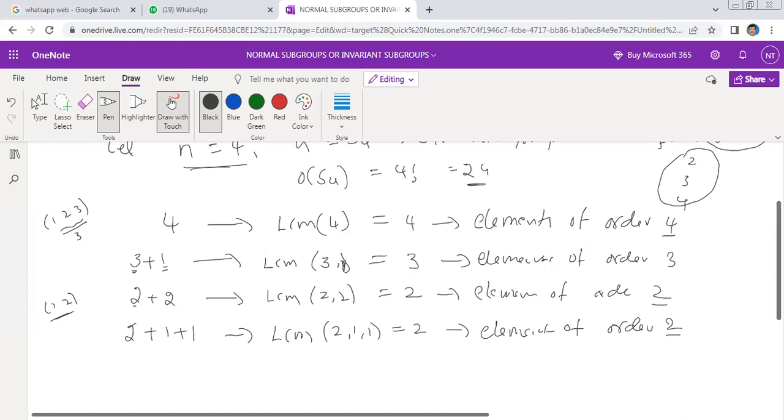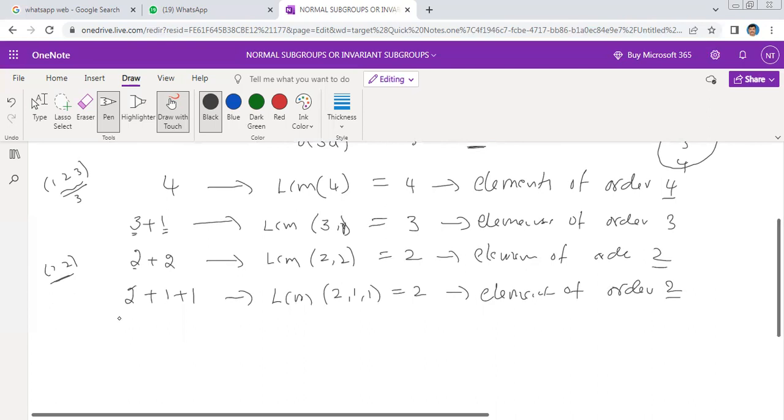This was explained to you in number theory. Is there any other possibility? Yes, 1 plus 1 plus 1 plus 1. The LCM of these four numbers 1, 1, 1, 1 is again 1. So elements of order 1 are also possible.